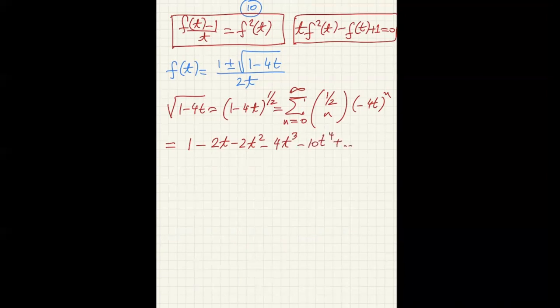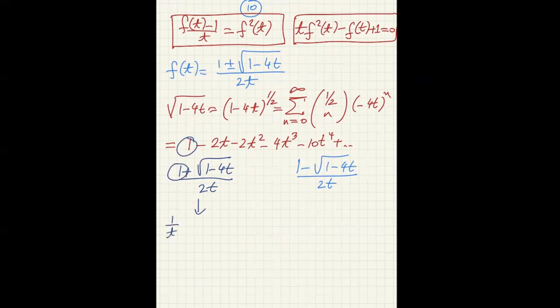So now what we have to choose is, from these two formulas, there are two possible choices for f of t. Can it be 1 plus square root of 1 minus 4t divided by 2t, or is it 1 minus this one, over 2t? Well, if you were to take the plus, then what do you get? On the top, when you expand this calculation, you're going to get the 1 from here matching with the 1 from here. So when you divide by 2t, you're going to get 1 over t.